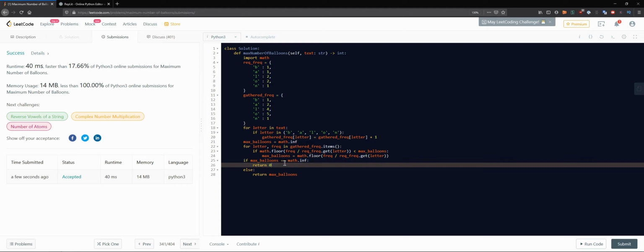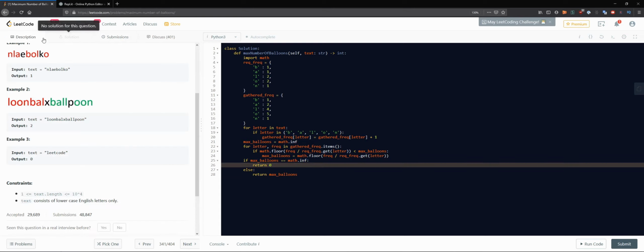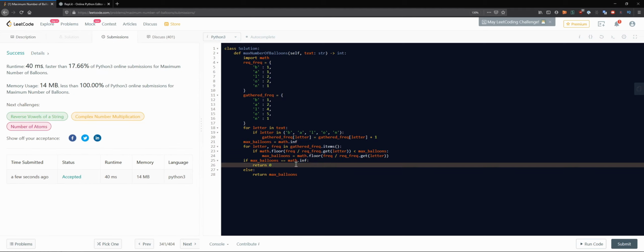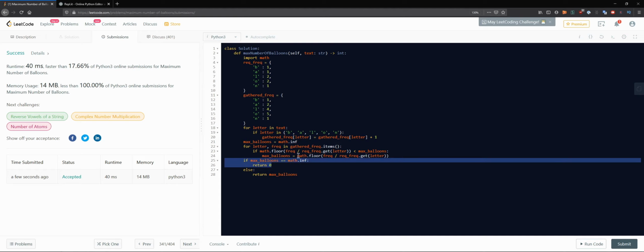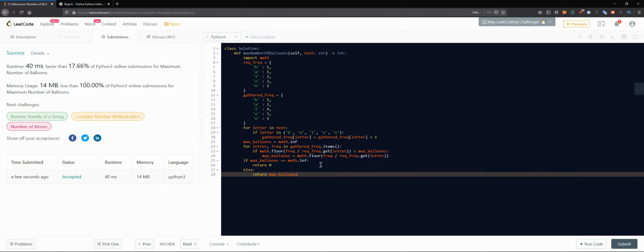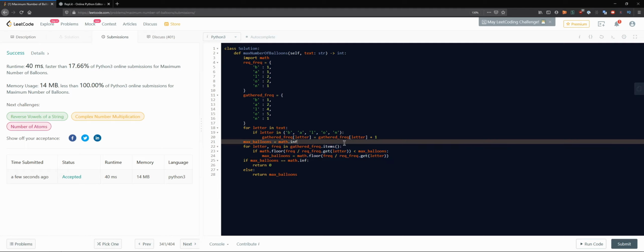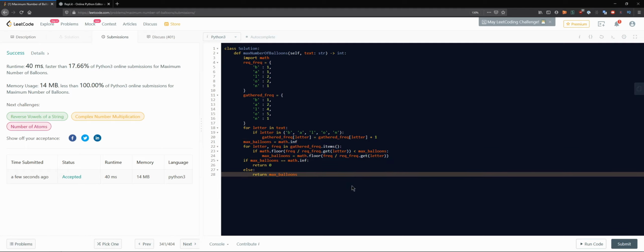So in this case, let's just say for any reason we are still left with max balloons at infinity, we can just return 0, because we never actually found any meaningful occurrence. And if that's not the case, we can just return max balloons, which would be the last frequency that we actually could pack here, right? And that is all.